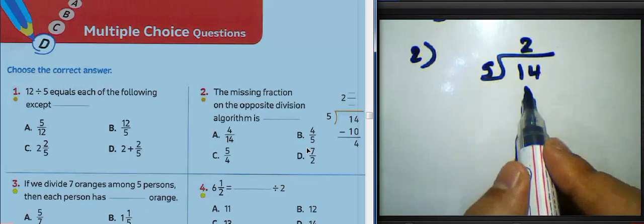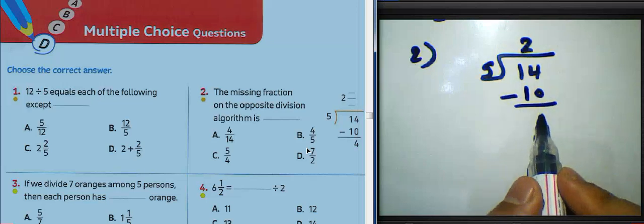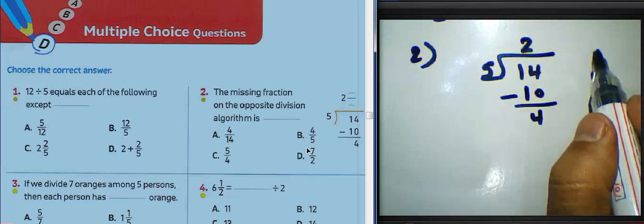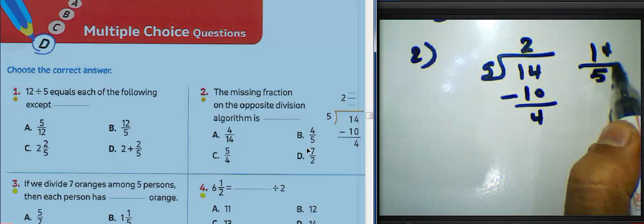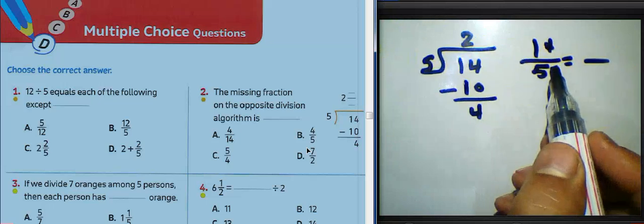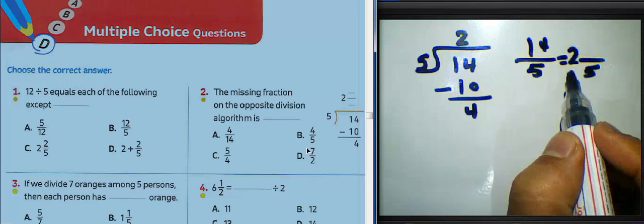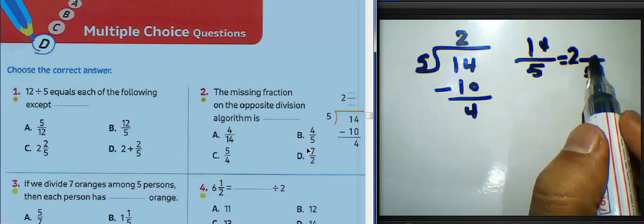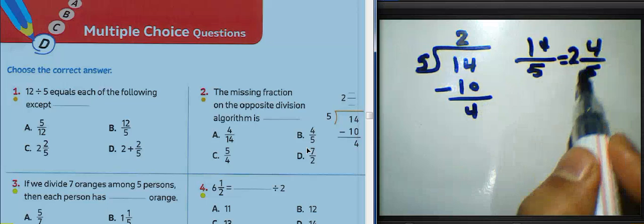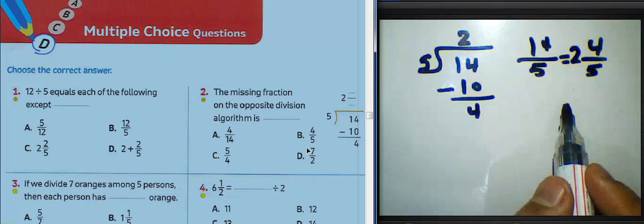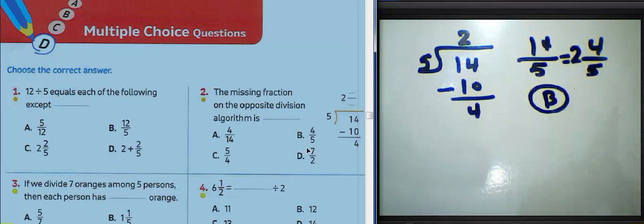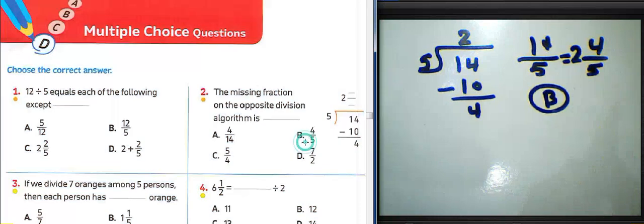Yes, 2 times 5 equals 10 and then subtract between them, 4. So we can write 14 over 5. It will be what? 5 in the denominator and 2 outside here and remainder will be 4. So we must write 4 over 5. We must choose letter B about question number 2.